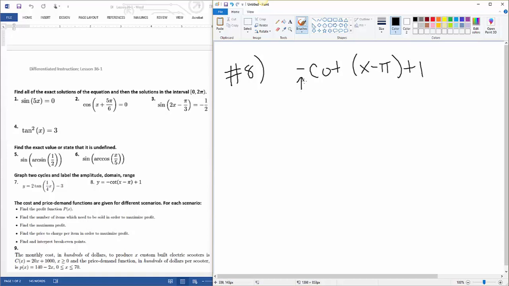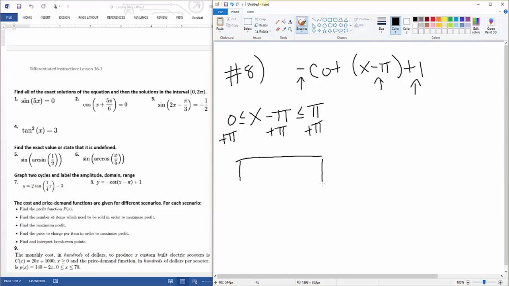So I have a reflection, I have a horizontal shift, and I have a vertical shift. Put that between 0 and pi. Add pi to everything. So my value box is going to have pi and 2 pi, and if I add them and divide by 2, that's 3 pi halves.